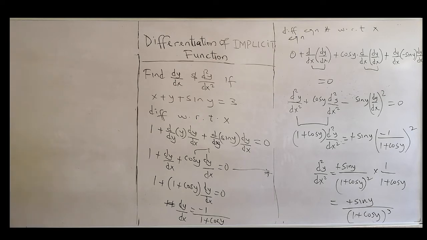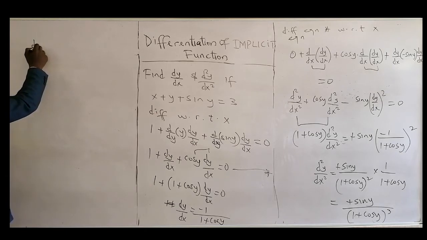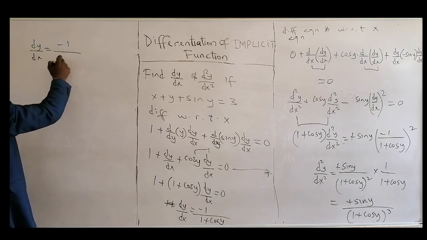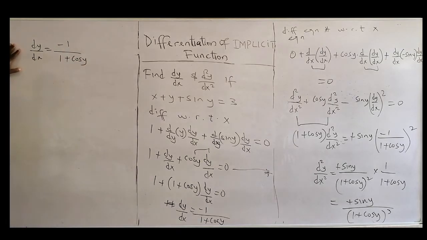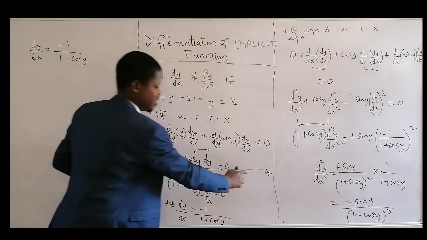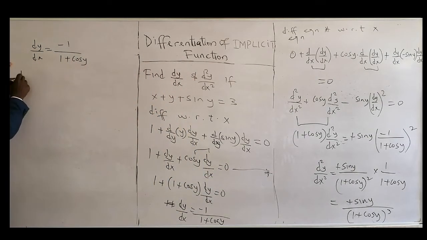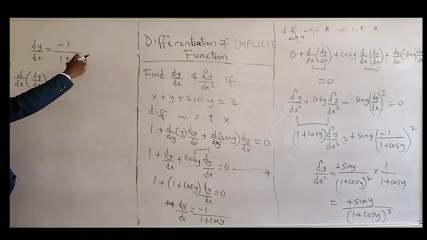Before we take one more question, I want to say something here. When you have the first differential, dy/dx is equal to minus 1 over 1 plus cos y. You can get your second differential from here, instead of differentiating the equation again. If you want to do this, that will be equal to d/dx of dy/dx. If you differentiate this with respect to x, you can see that this one is a function of y.